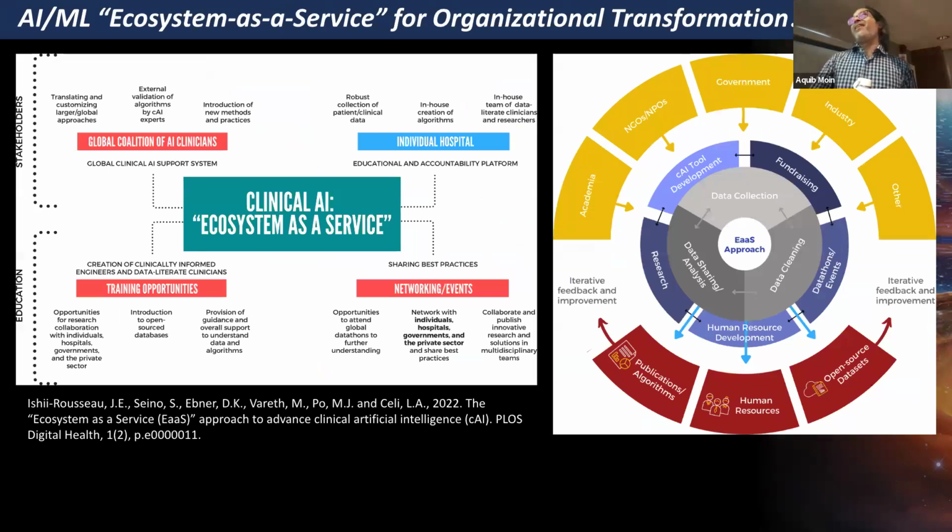And I think I've taken so much time already. There are examples of that. For example, there is a group at MIT with their collaborators. They're trying to do something similar, which is an ecosystem as a service for healthcare.